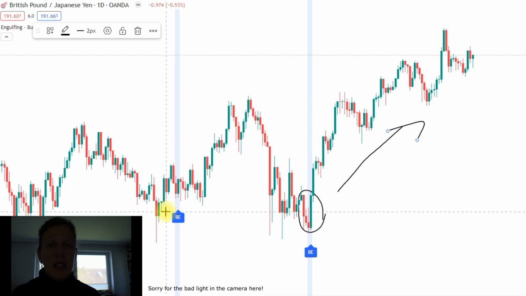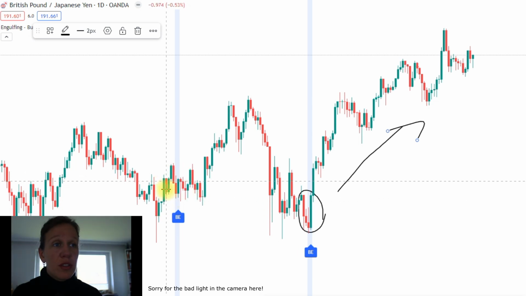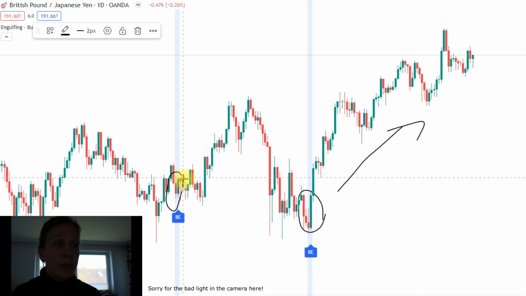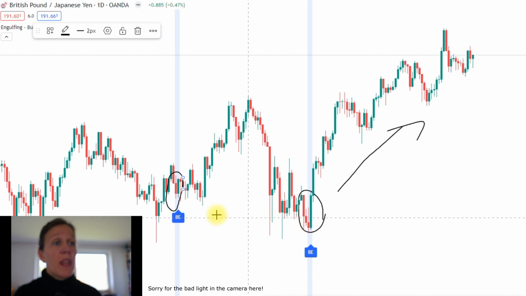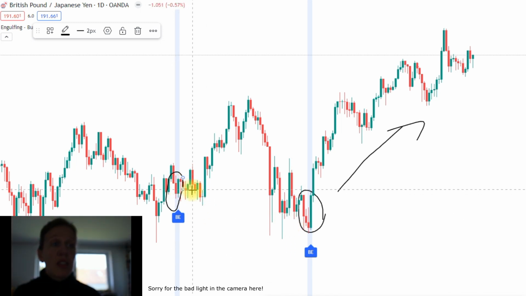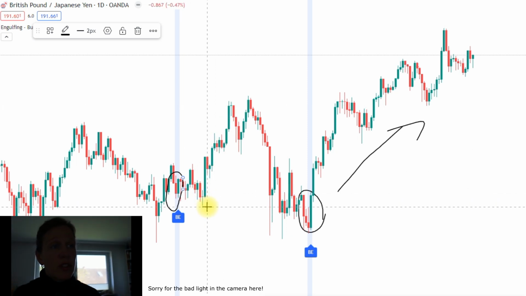But let's take a look at some other examples. Here we have a pattern as well. You see the green candle engulfs the red one, not as strong as we had before. So this is of course an indication also that this might not be that powerful. And you also see that the market continues sideways before it later on continues long.